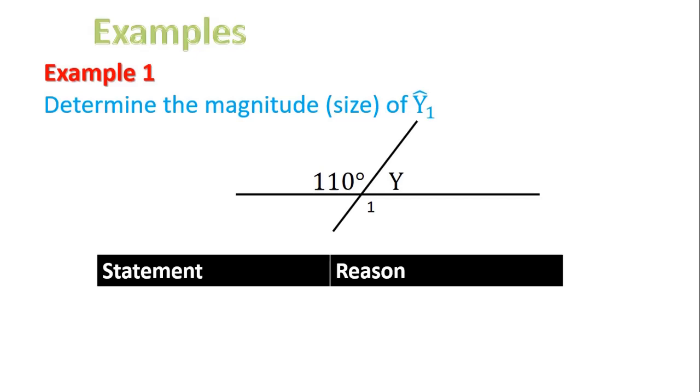Now my statement can be y1 equals 110 degrees. How do I know that? Well, vertically opposite angles. Can you see that y1 is directly opposite 110 degrees? And that's all we have to do for this question. Very short and sweet.